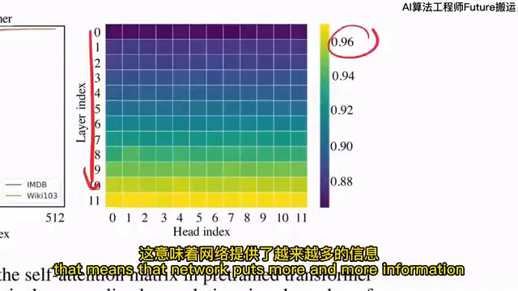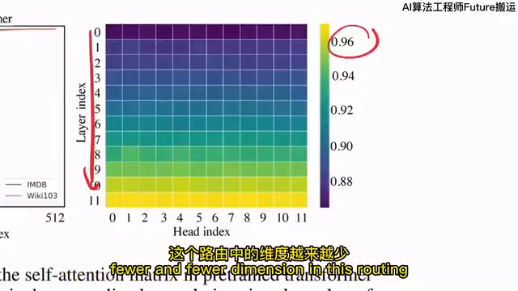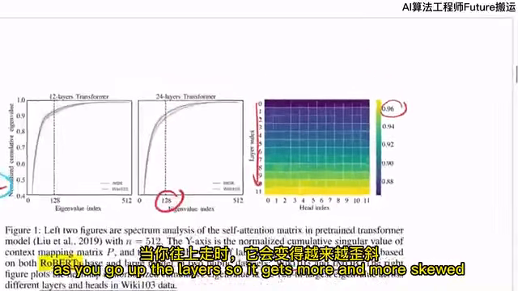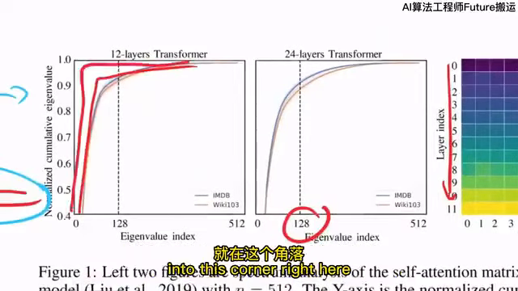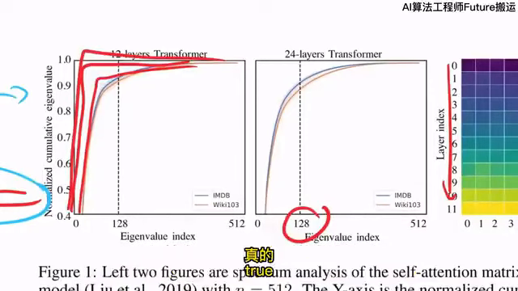That means that the network puts more and more information into fewer and fewer dimensions in this routing as you go up the layers. So it gets more and more skewed. As you go up the layers, it gets more and more into this corner right here. So their claim appears to be more and more true.